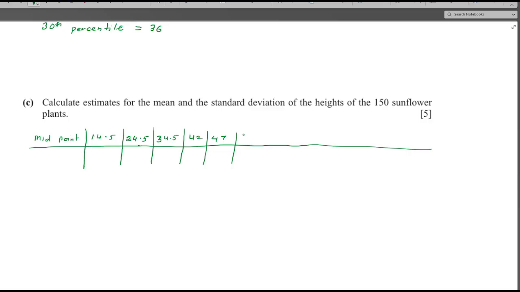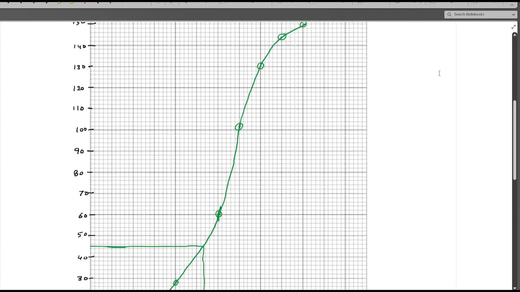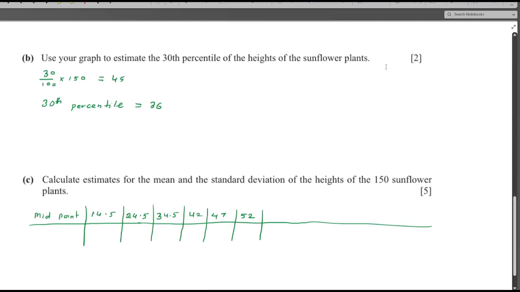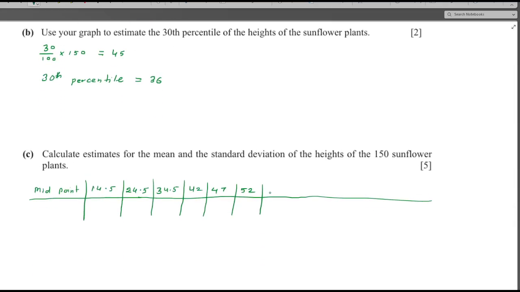And the last one is 55 to 59: 55 plus 59 divided by 2 is 57.